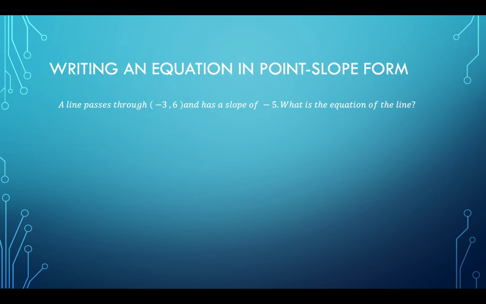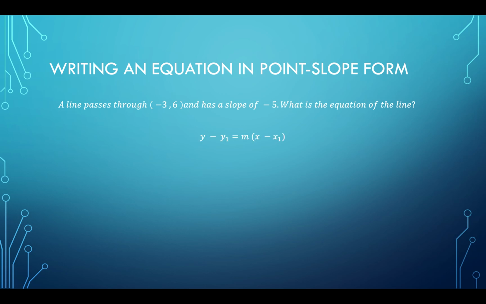So let's practice. When we write an equation in point slope form, I'm going to give you something that looks like this. A line passes through the point -3, 6 and has a slope of -5. What is the equation of the line?